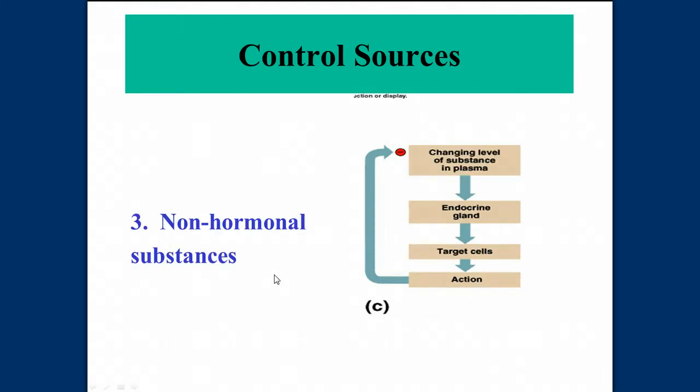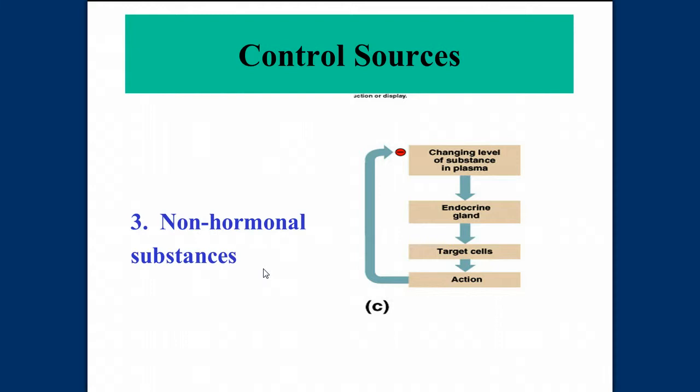You have non-hormonal substances, and again, like I mentioned just a minute ago, it could be ions in the blood, such as the amount of sodium, potassium, which is highly regulated. You know, you need sodium and you need potassium for things to happen. You need the correct calcium levels for muscle contraction and nerve impulse. For neurotransmitters to be released, you need calcium.